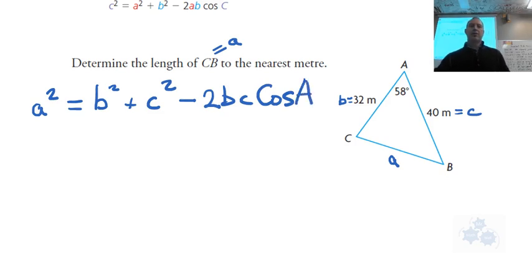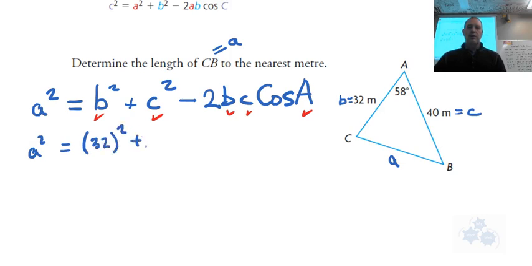Now, this is great because I have B and I have C, so I have them there as well, and I have angle A. So I'm going to be able to use this law to find A. So remember this is A squared, so let's just write that down as A squared. So B is going to be, and I'm just going to show this step fully here. Okay, so this is what you do.